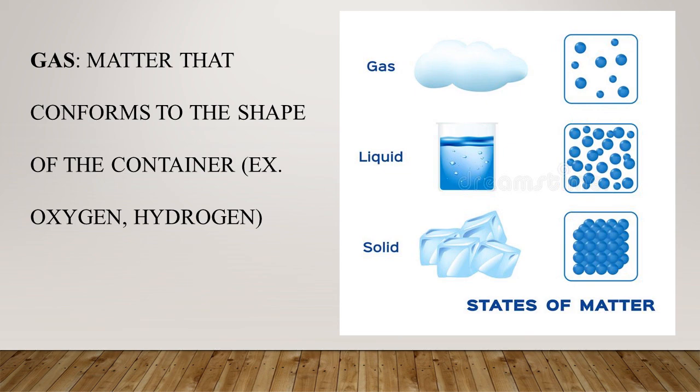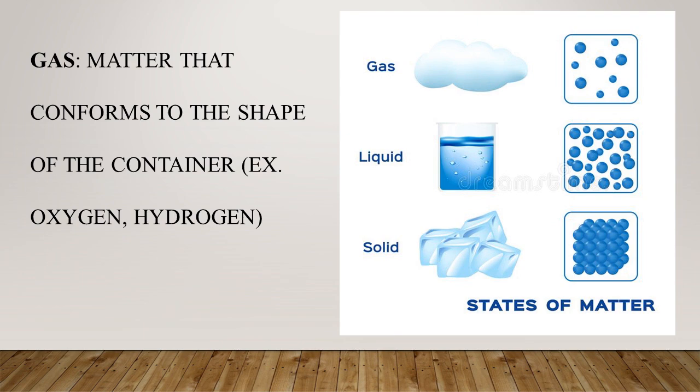I'm trying to keep these lessons short, but because of the introduction, this is a little longer than I hope the next two will be. So the last one here, gas. This is matter that conforms to the shape of the container. Again, kind of an offshoot of a fluid. So an example of gas is oxygen or hydrogen.